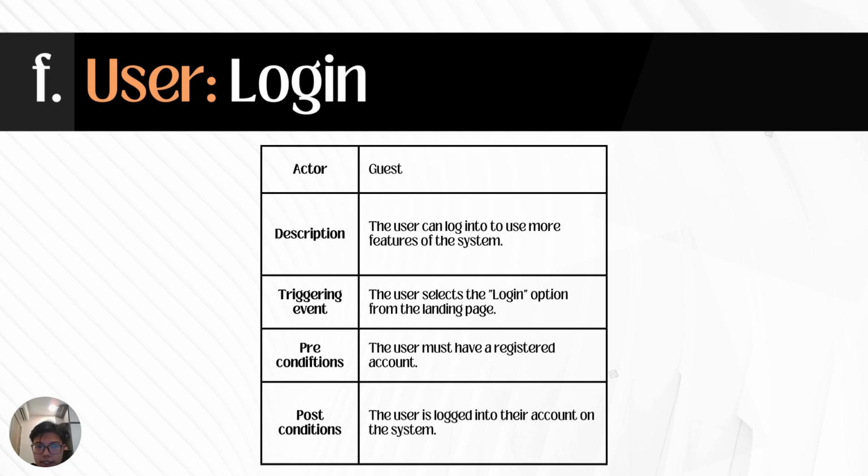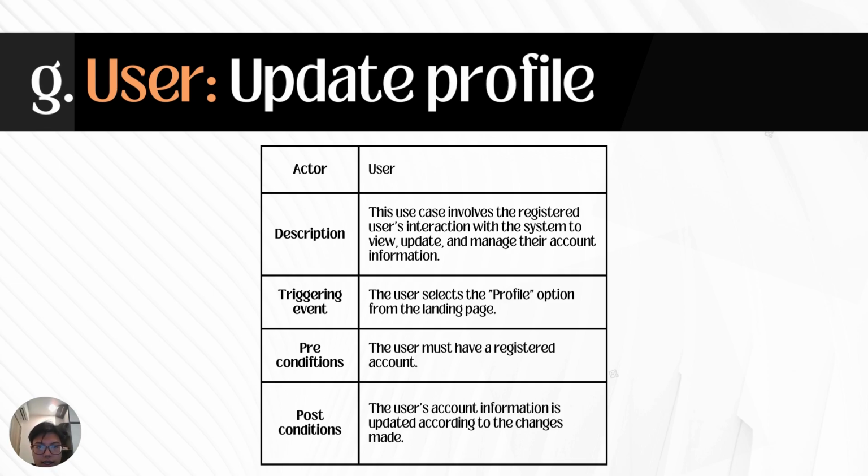Once they sign up for an account, they can log into the system to use more features, and later than that, they can update the profile with this requirement. So this requirement involves that the registered users interact with the system to view, update and manage their account information.